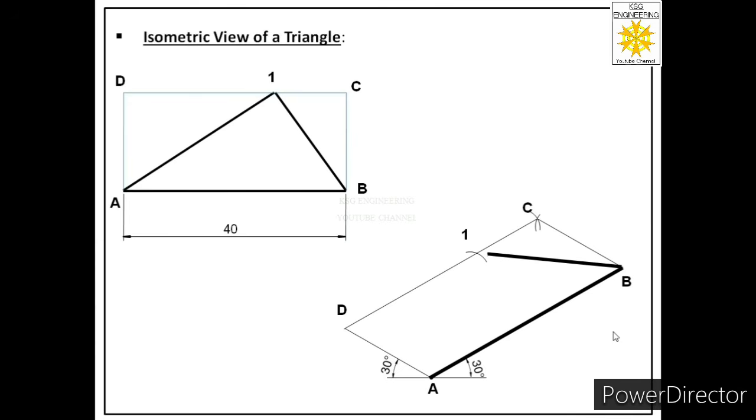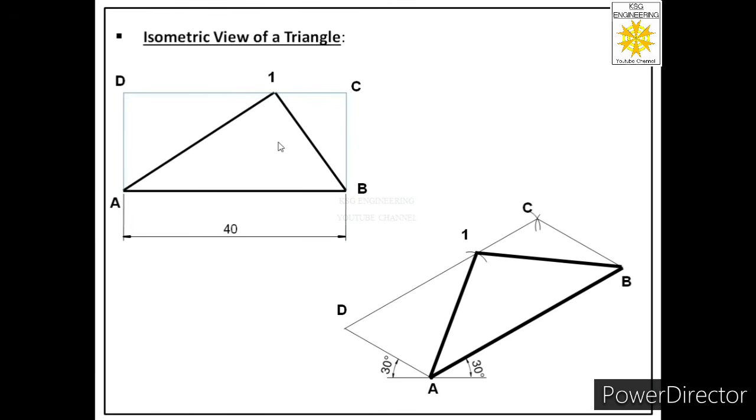Then we will connect B1 and A1, so we will get the isometric view of the triangle. Remember, don't measure B1 because that will give wrong results. Always measure from the corners of the rectangle drawn by us. So we have measured D1 and marked from D. Only then we will get the correct isometric of the given plane.